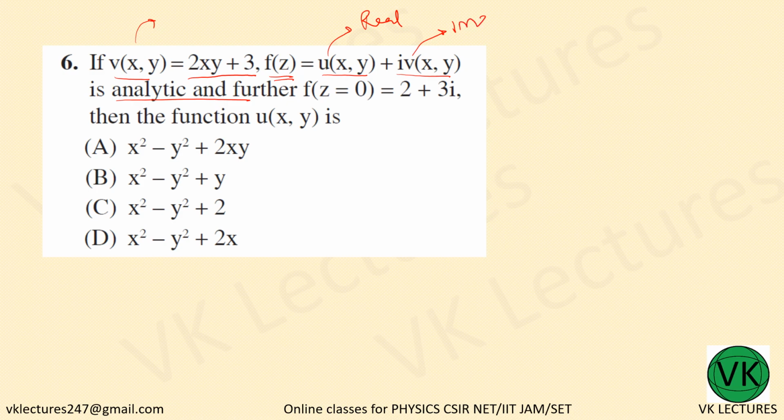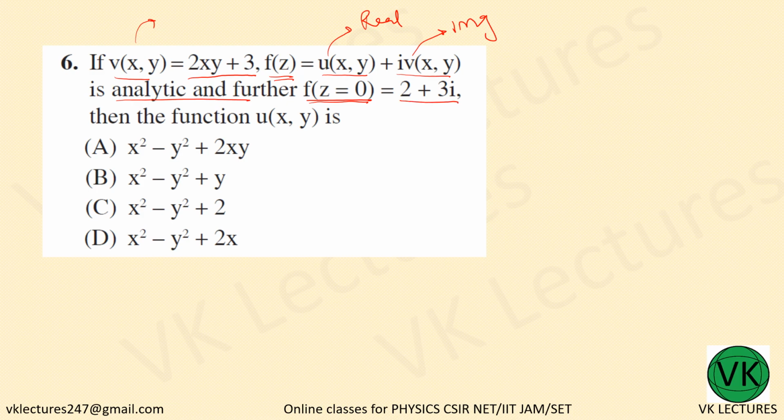In this question, v, that is the imaginary part, is given, and a boundary condition is also given: f of z at z equal to 0 is nothing but 2 plus 3i.